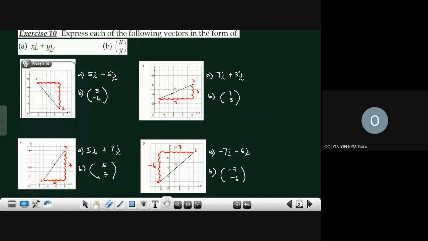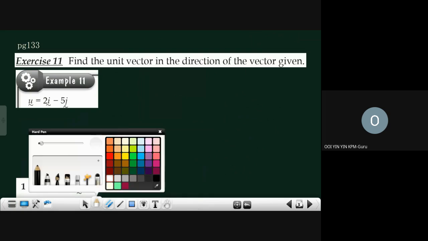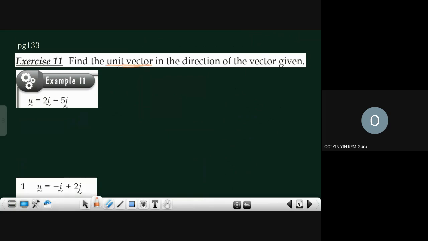Okay, now next. Now we go to these questions. Find the unit vector. Unit vector, this word. Still remember your unit vector? Let's say your vector here is u, right? Okay, that means we want to find your u, this symbol, unit of vector.